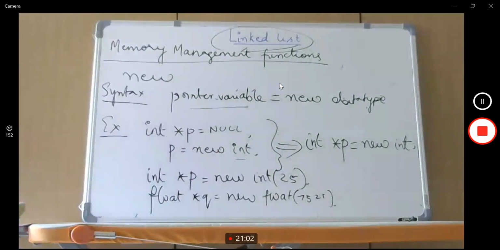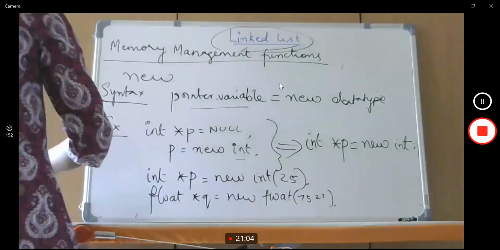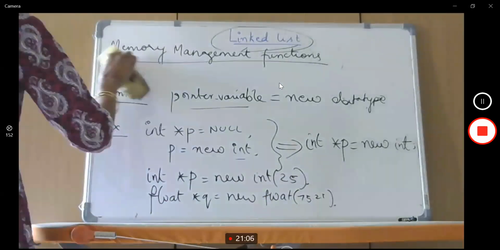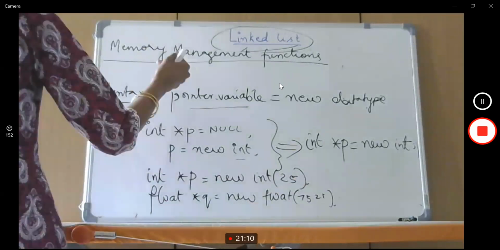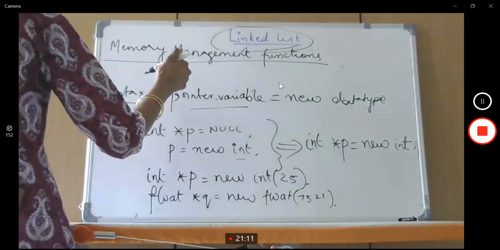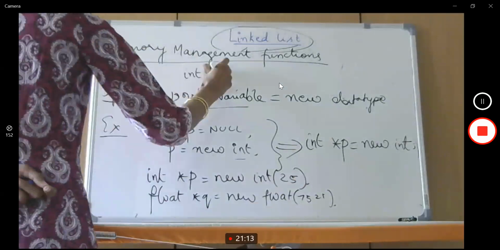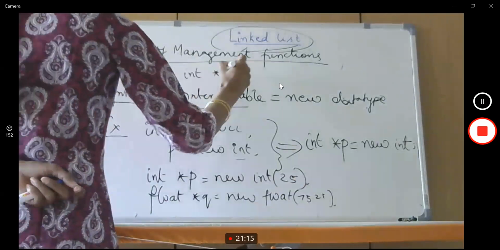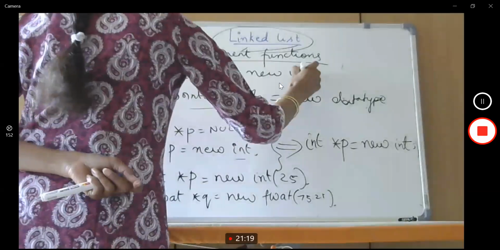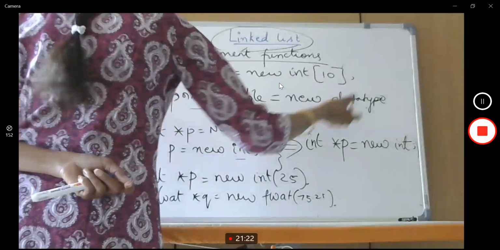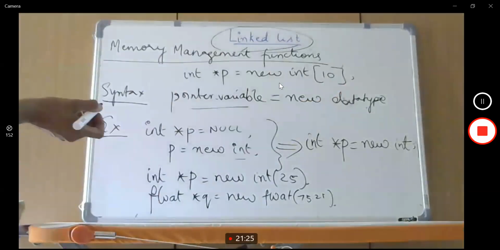You can also allocate a block of memory, not necessarily for a particular integer. I can write int *p = new int[10]. That means it allocates memory for 10 integers continuously of the type int.